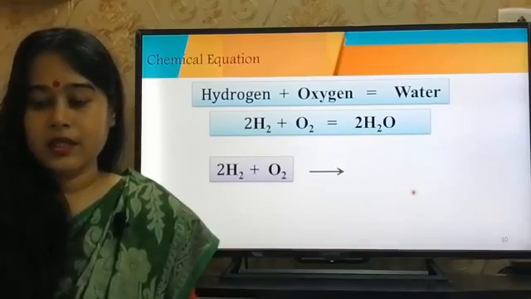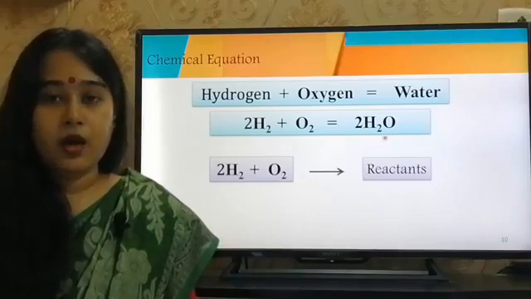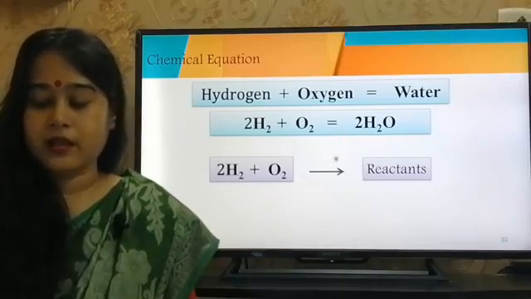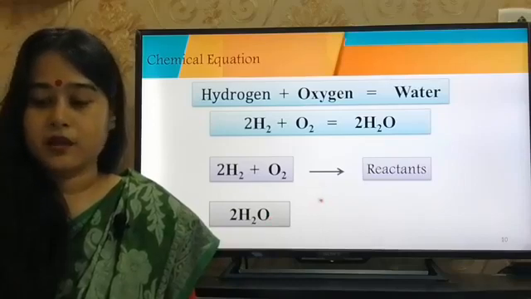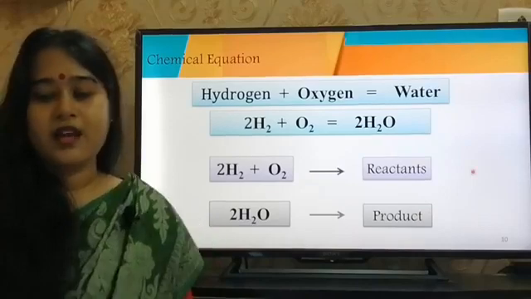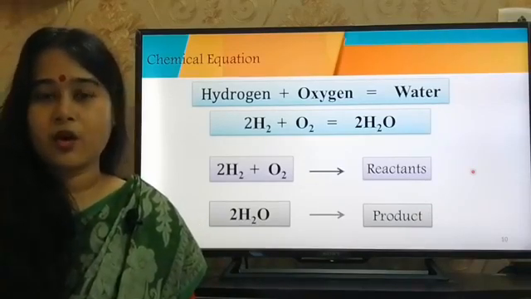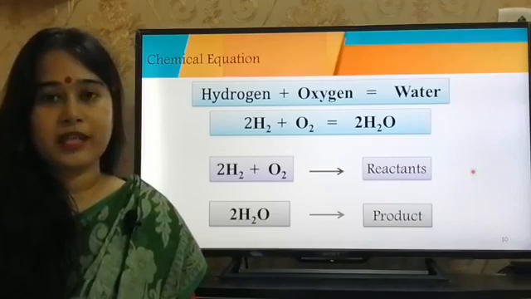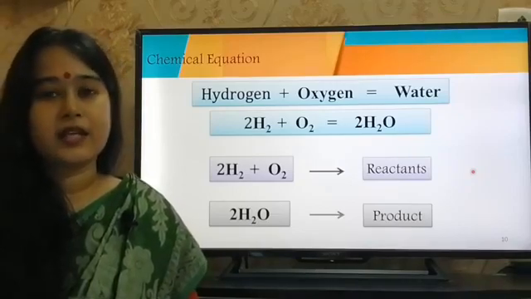This is called the reactants. And on the right hand side of the equal sign we have 2H2O. That means water. We call this part the product. So in a chemical equation, we have two parts: reactants and product.